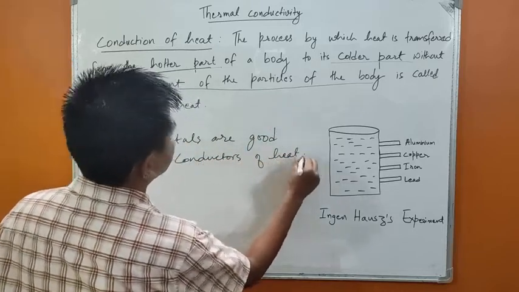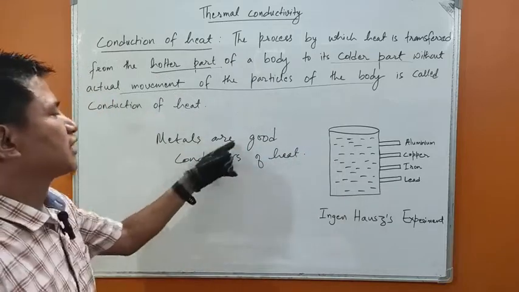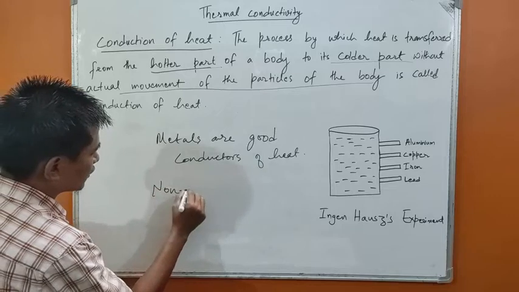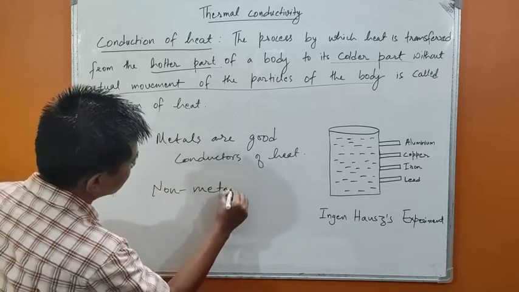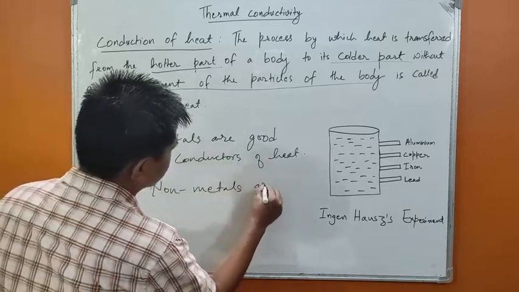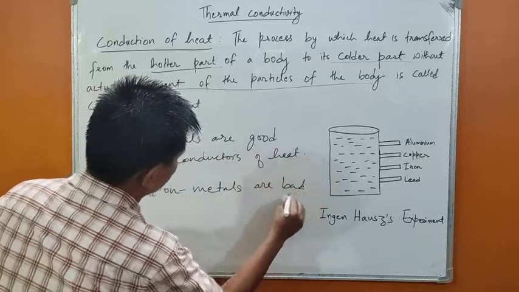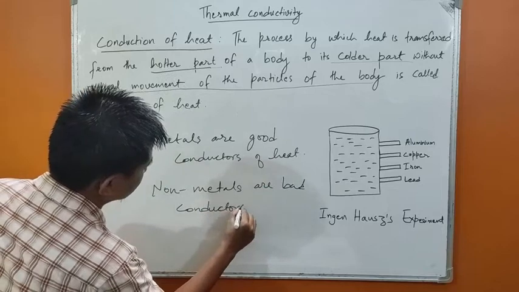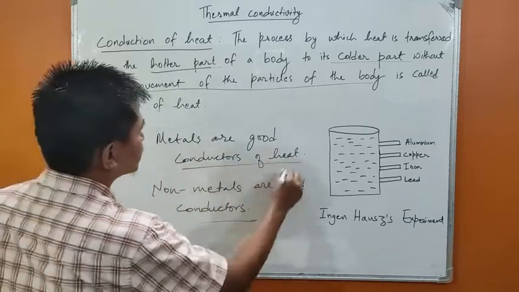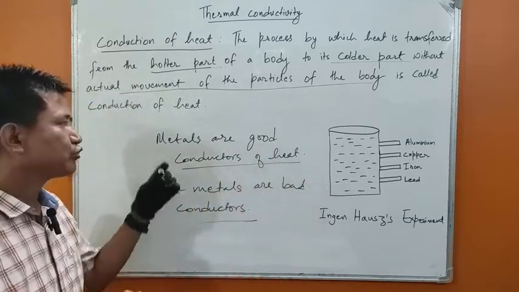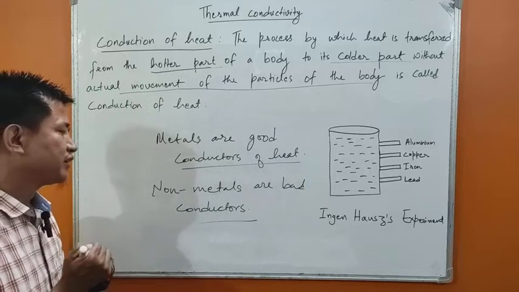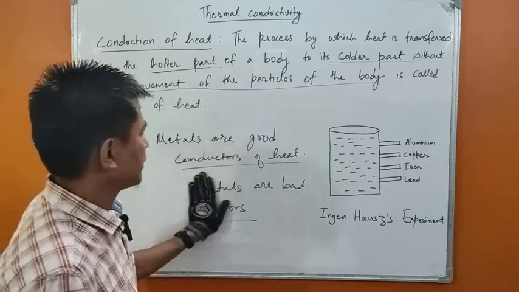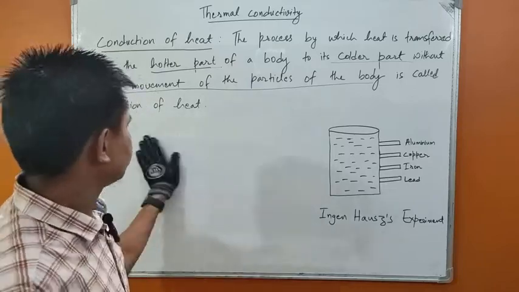Metals allow heat to pass through them, so metals are good conductors of heat, and non-metals are bad conductors of heat. Metals allow heat to pass through them, so they are called good conductors of heat, and non-metals are bad conductors of heat because they do not allow heat to pass through them. So I hope you understood this.